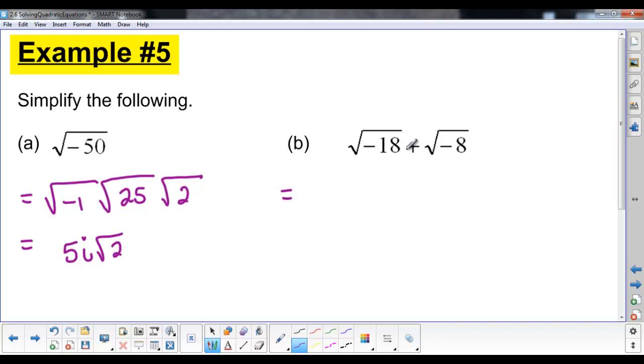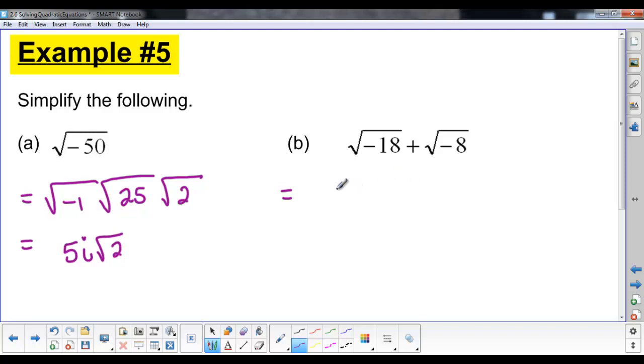When you are adding radicals, it's very similar to adding variables. You need to have like terms. So that, in other words, the number inside must be the same. So we'll do a little bit of simplifying, and then we will see if there's any like terms.